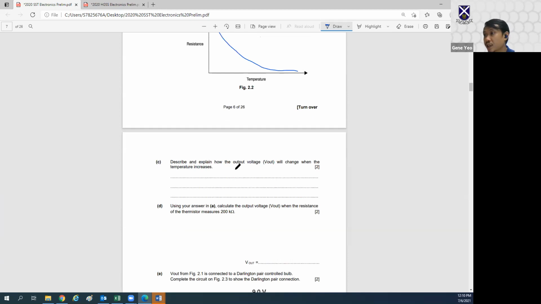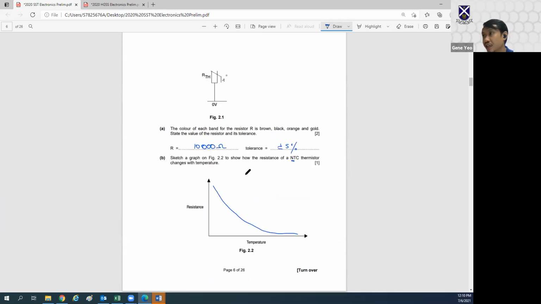Describe and explain how the output Vout changes when the temperature increases. When the temperature increases, the resistance drops. The resistance here is dropping, and when the resistance of this drops, the voltage needed for the thermistor also drops.